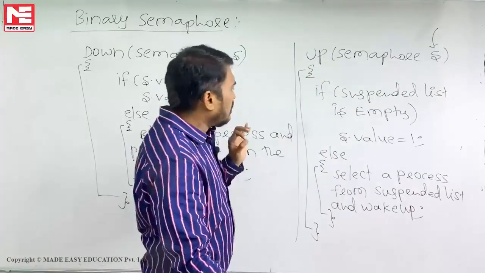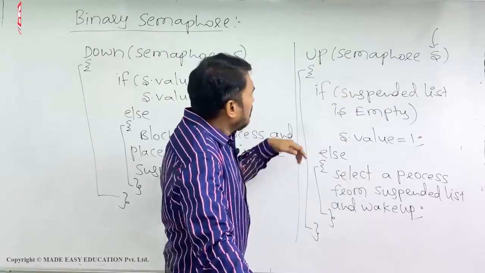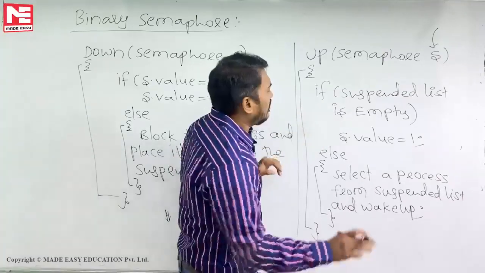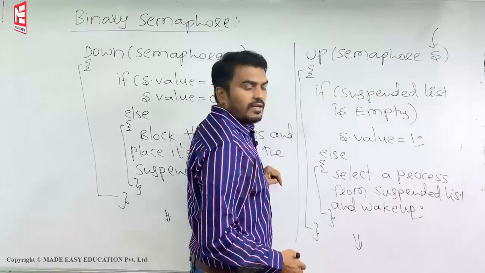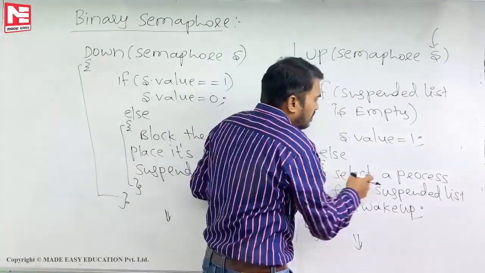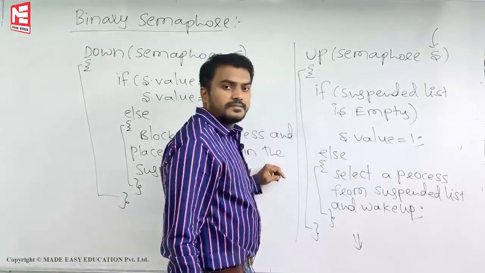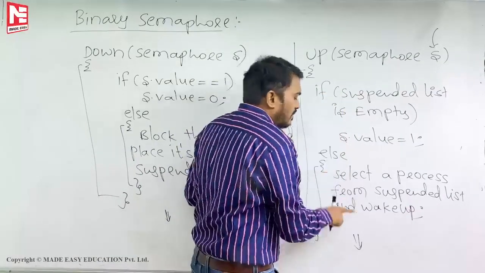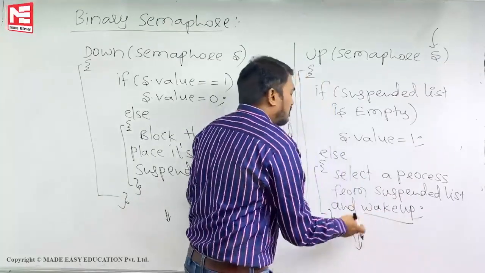Now the same thing here also. When the process is performing up operation, you check the condition: suspended list is empty. If this condition is true, you make the semaphore value 1, then the process will continue the execution. If this condition is false, you come to the else part. You select a process from the suspended list and wake up, and again the process will continue.